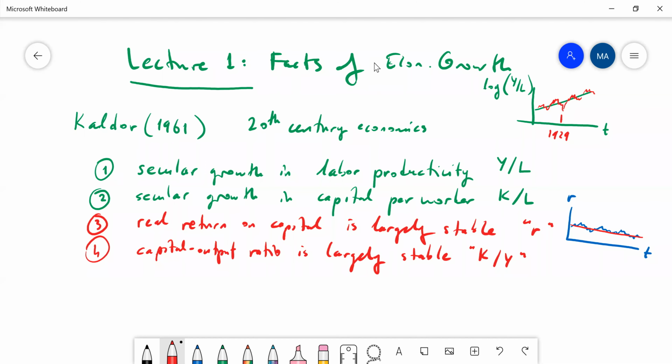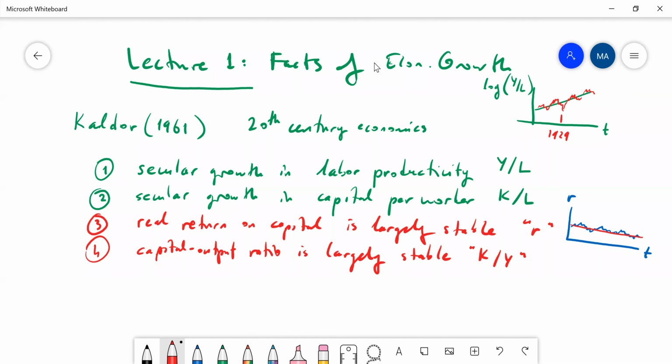So if you actually do this for many different economies, and if you put, let's say, GDP per worker in 1960 on the horizontal axis, and here you put the average growth rate of GDP per worker from 1960 to 2000, let's say.